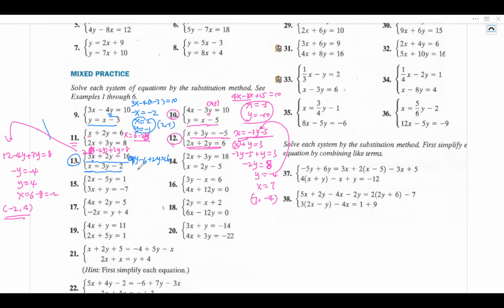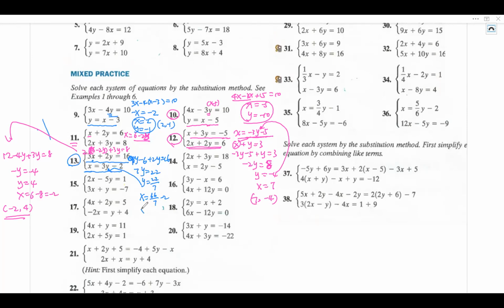So you can simplify, get 7y equal 22, right? So y equal 22 over 7. x equal what? 66 over 7 minus 2, right? Replace here.